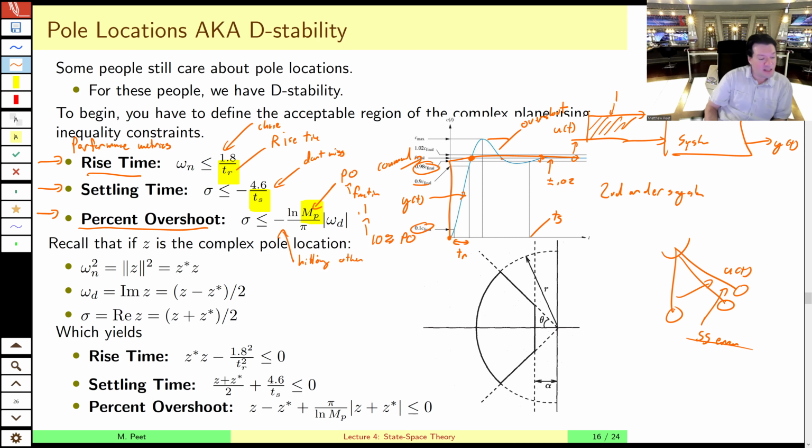And what's nice is that in a second order system, at least, we're able to relate these performance metrics to eigenvalue locations for A. Right, eigs of A. So how do we do that?